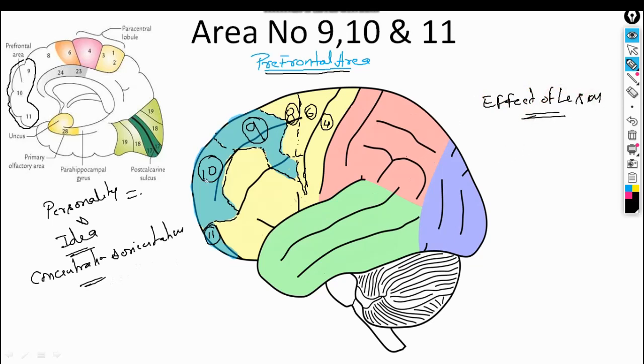A person who earlier was having a lot of concentration over any topic or subject will lose all the features I have described: individual personality, loss of social behavior, loss of moral values, loss of concentration, loss of orientation. So all this will be the effect of the lesion.